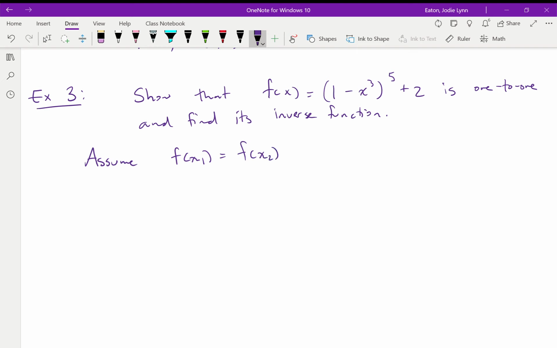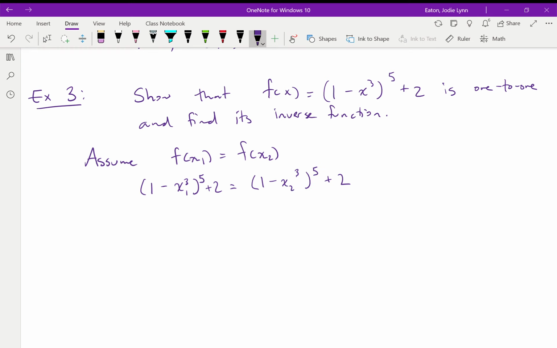And now we're going to plug in what the function is and work backwards to show that x1 has to equal x2. So we have 1 minus x1 cubed to the 5th plus 2 equals 1 minus x2 cubed to the 5th plus 2.